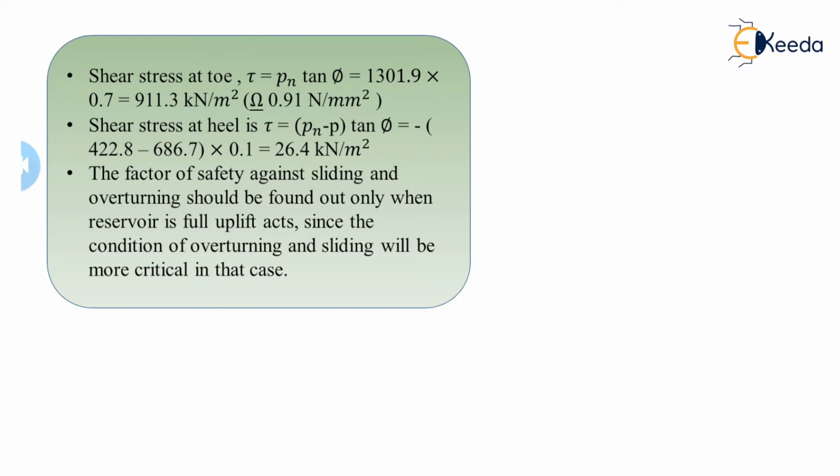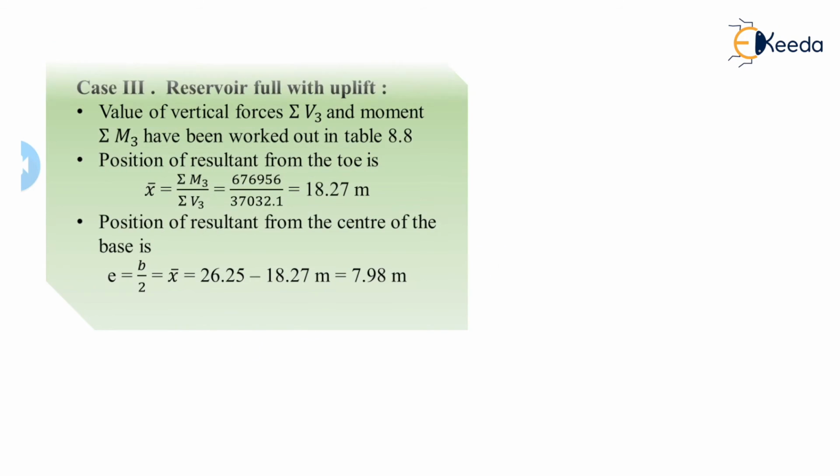We are just jumping to the third case, that is the reservoir full condition, and we are considering the uplift pressure also. Here, if you remember in the tabular form, we get the summation of V1, the summation of V2, and the summation of V3.